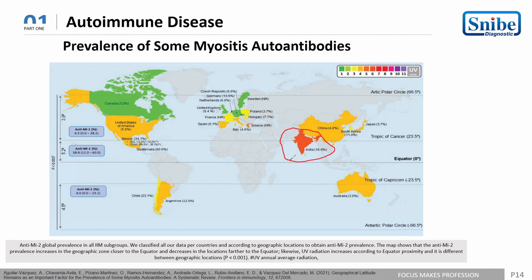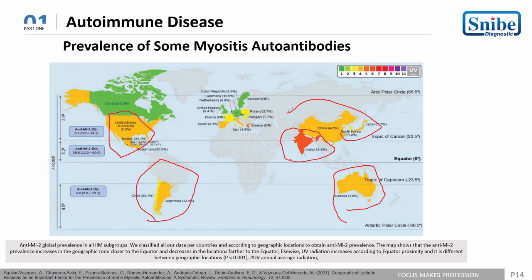Then there are countries like the United States, which have a different prevalence, and Argentina and Chile, and the tropical region of Australia, which lies within minus 23.5 degrees. And then there are Japan, Korea, and China. So the anti-Mi-2 global prevalence in all these subgroups, or countries, according to geographical location, has been obtained.